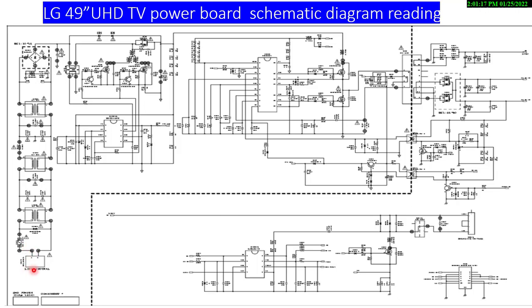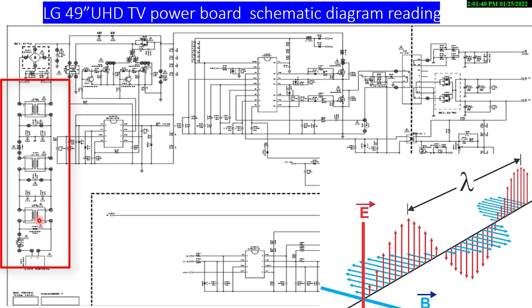From this point up to this point is the protection circuit. In the protection we have an electromagnetic interference remover, which is the inductor and the capacitor. This is to remove unwanted signal from the boards or the circuits.